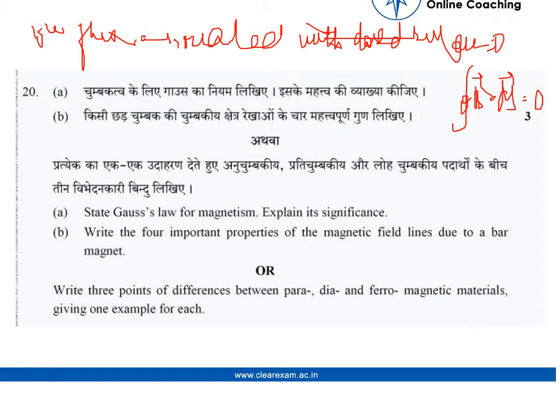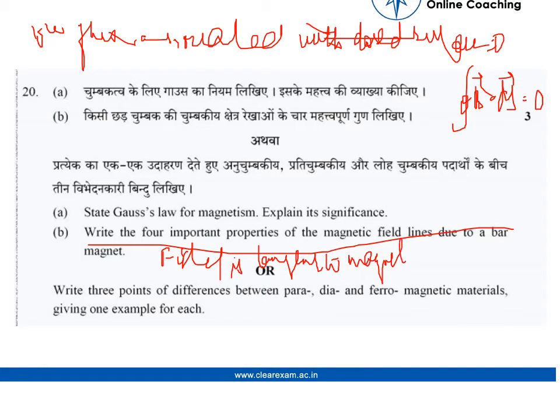Now, four important properties of magnetic field lines are that the field is tangent to the magnetic field line.